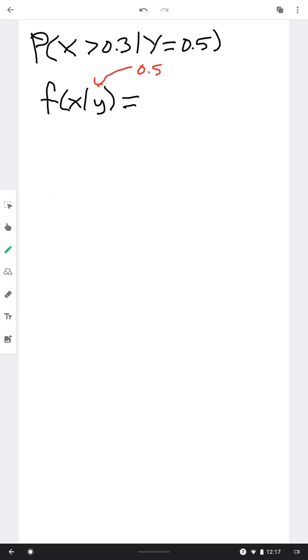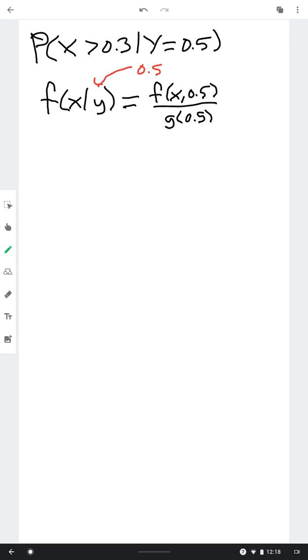This is going to be equal to f of X comma 0.5 divided by g of 0.5. And our limits of integration are also going to depend on Y, because this conditional distribution depends on what Y is.